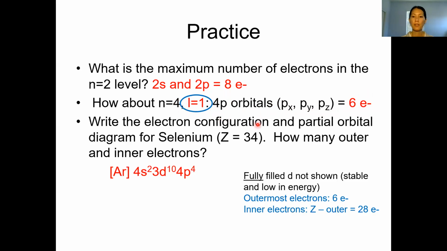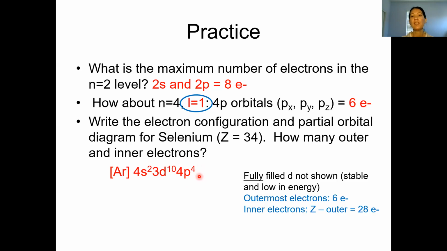Okay, write the electron configuration for selenium. It's argon 4s2, 3d10, and then in the P block, in the 4p area, you go 4 across to reach selenium. Notice that selenium's in the same column as oxygen.